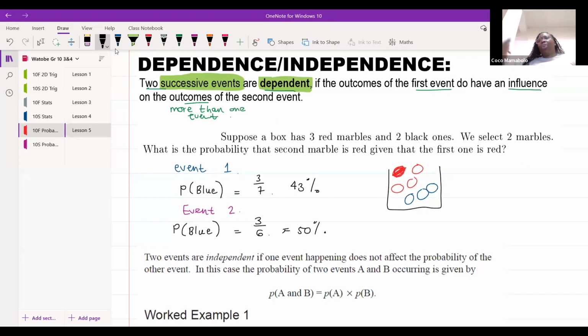Give me a thumbs up if you notice that the probability has now gone up. So these 2 events are dependent events. They are dependent because the probability of the second one is dependent on what happened the first time.